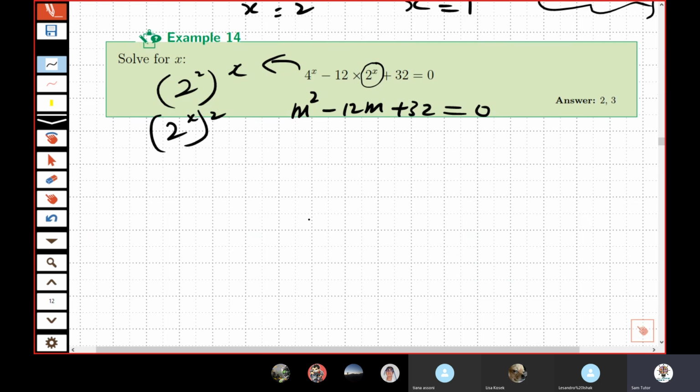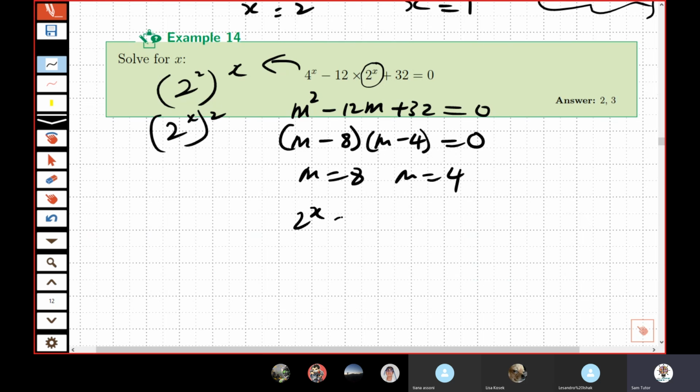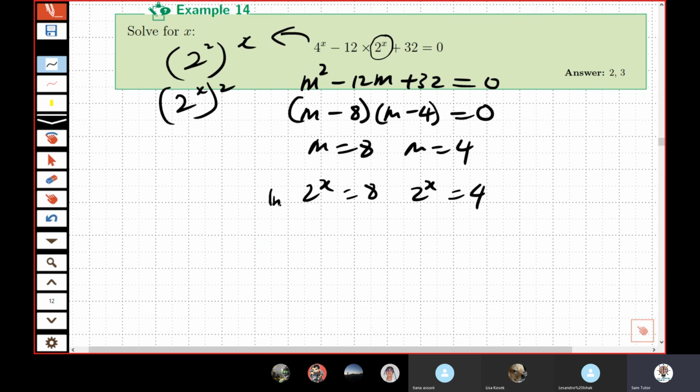Okay, so 32. 16, no, 8 and 4. m minus 8, m minus 4, m equals 8, m equals 4, 2 to the x equals 8, 2 to the x equals 4. Again, for these ones you can probably see the answer, but who cares if you can't?